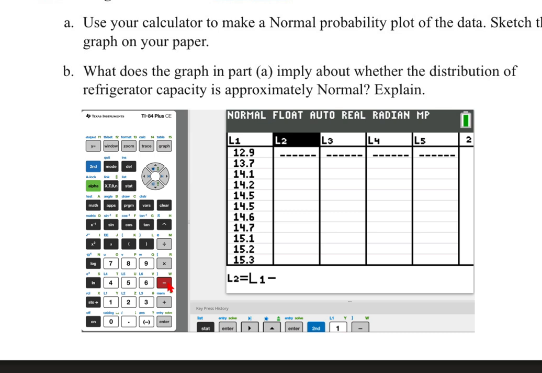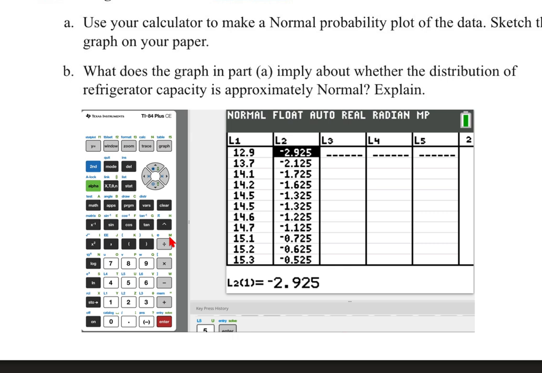That mean was 15.825, I think. Okay, that'll give us those new values with the mean subtracted. The new mean of that L2 is 0, just like we want for standardized scores.